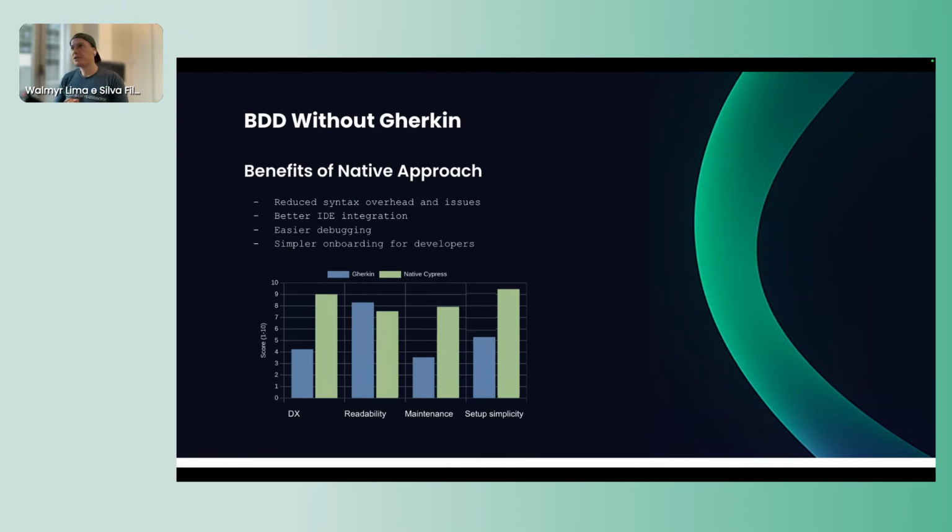So the benefits of the Cypress native approach: reduced syntax overhead and issues, better IDE integration, easier debugging, simpler onboarding for developers. I created this graph here to show you a score from 0 to 10. 0 means that it's bad, 10 means it's good, and the blue bars are Gherkin, the green bars are native Cypress.